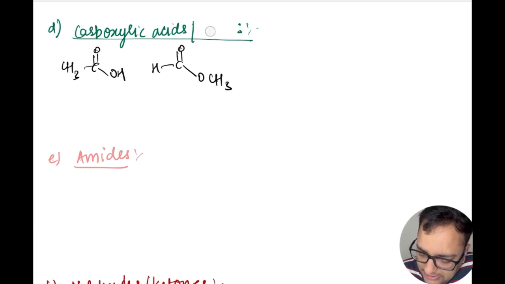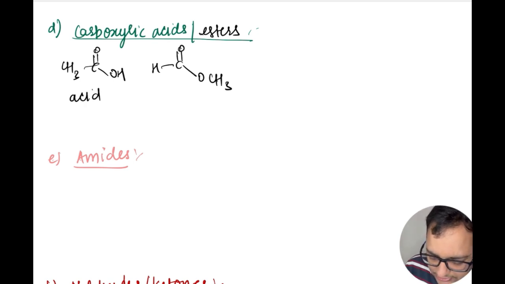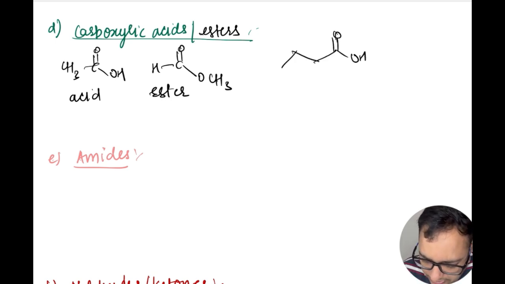This is ester. Carboxylic acids and esters. So this is an acid and this is an ester. These are functional isomers. Another example we could take: this is an acid, and this is its functional isomer, an ester.